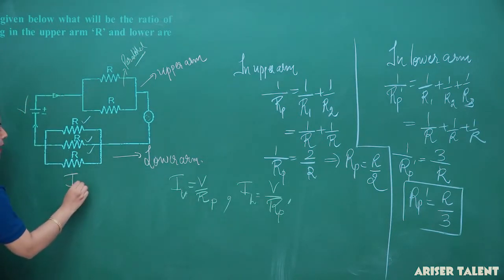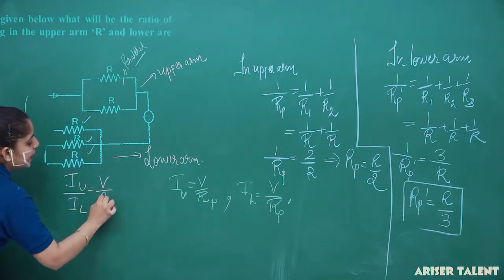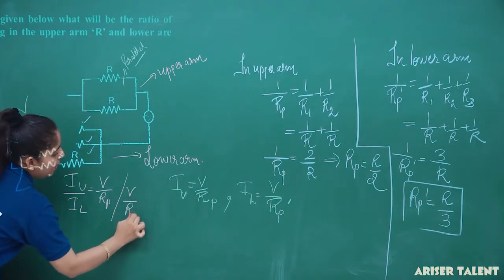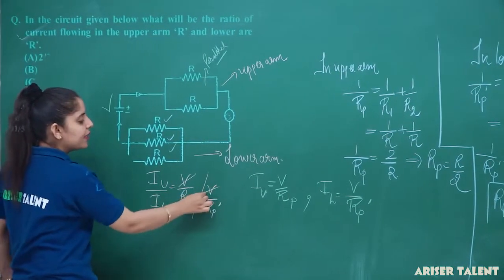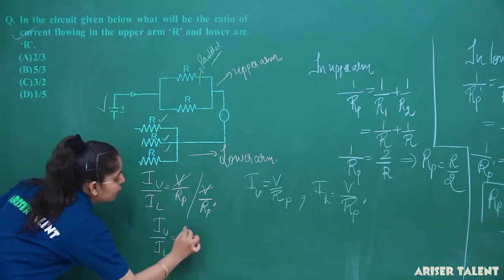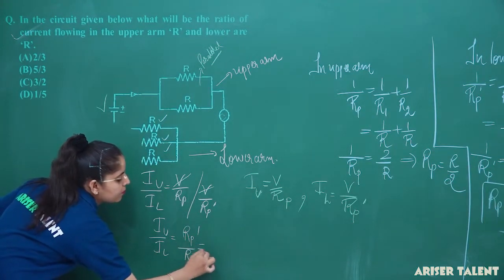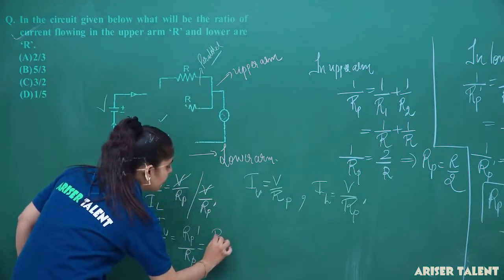So what I am getting here, I upper upon I lower equal to V upon RP upon V upon RP dash. So what will happen here? V will be cancelled by V, and IU upon IL I will get from here, that is equal to RP dash upon RP. What is the value of RP dash? It is R upon 3.